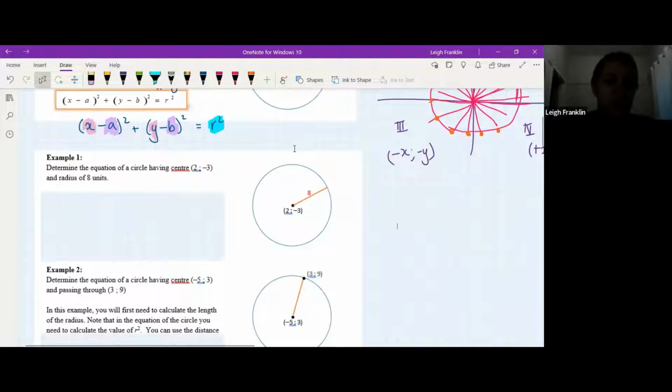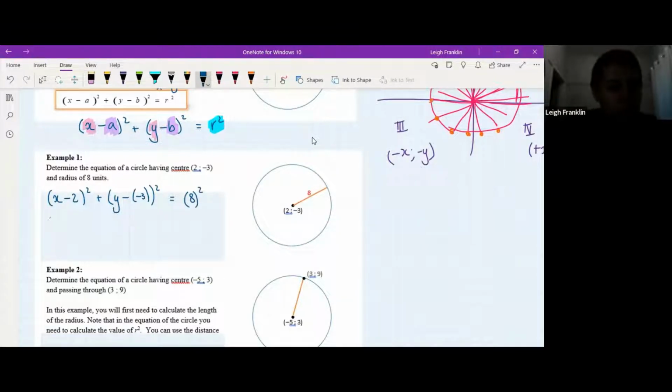All they want us to do is to sub into the equation of the circle that has been provided. First of all, we're going to write down x minus positive 2 squared plus y minus -3 squared is equal to 8 squared.